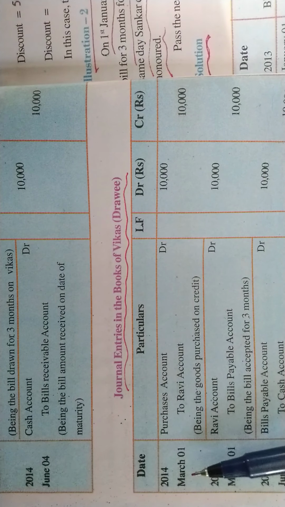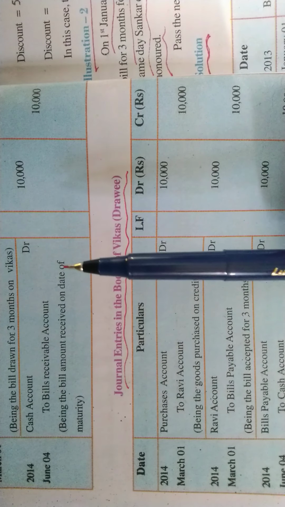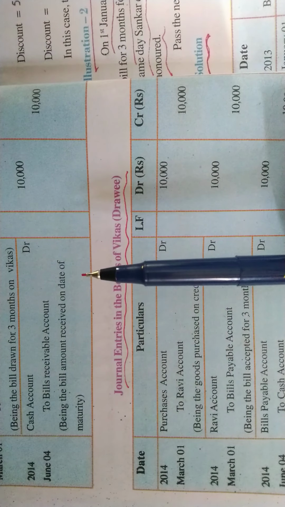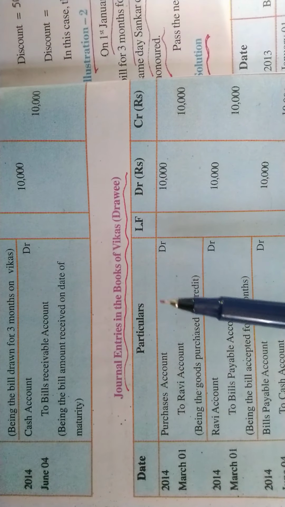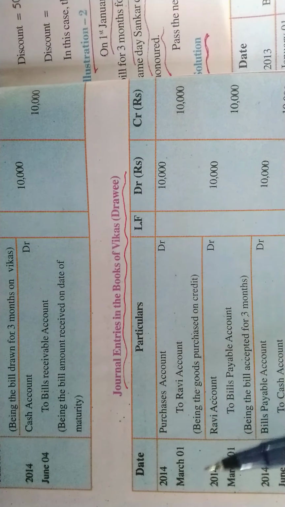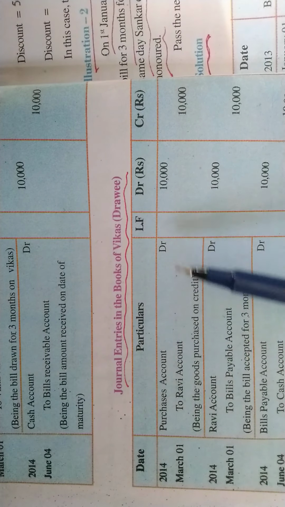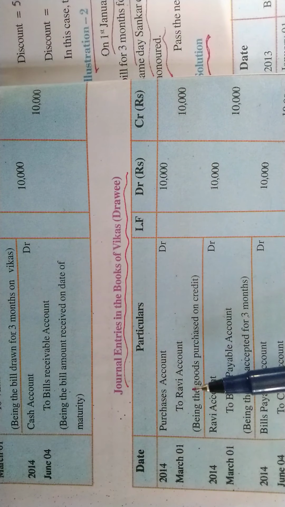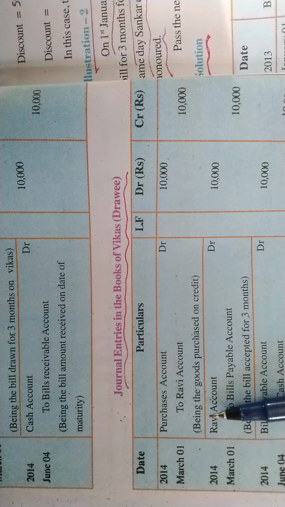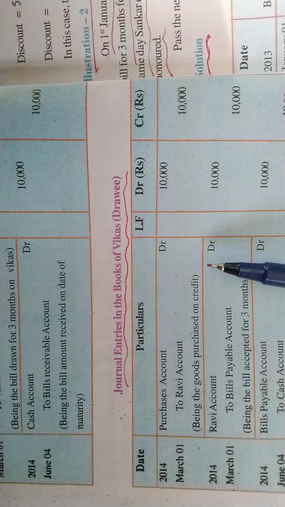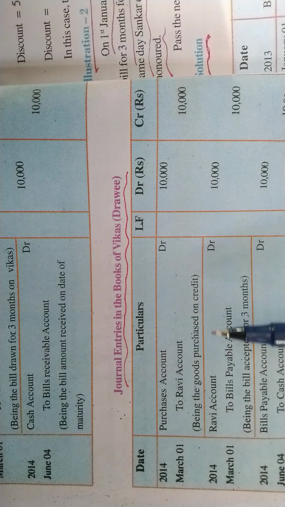These transactions and entries are quite opposite to the Ravi account, that is the drawer account. So in the books of the drawee we are writing the entries. On 1st March 2014, purchase account debit 10,000 rupees to Ravi account 10,000 rupees. Being the goods purchased on credit is the narration, and we close this entry.